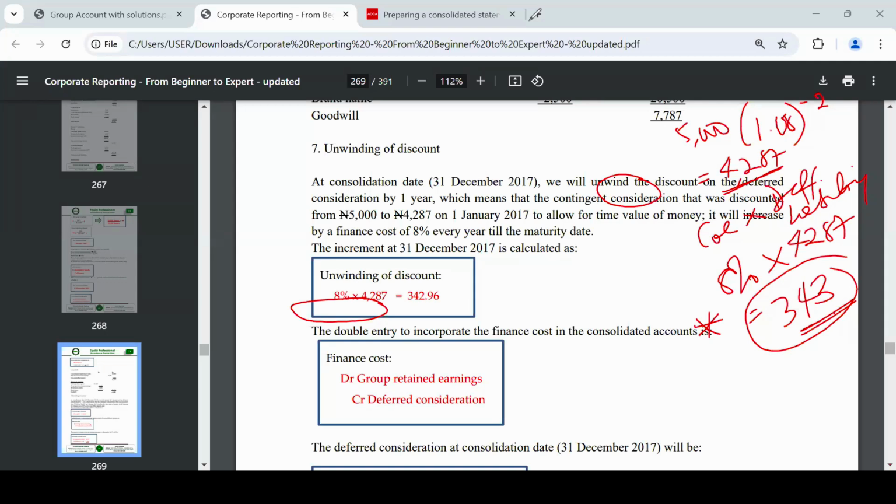Yes, please. So it's just still back to prudence, we spoke about prudence. An accountant will work in such a way that you never at any point in time want to overstate your income or overstate your asset. But if we are in any way going to be liable for anything, if it is probable, then we'll recognize.